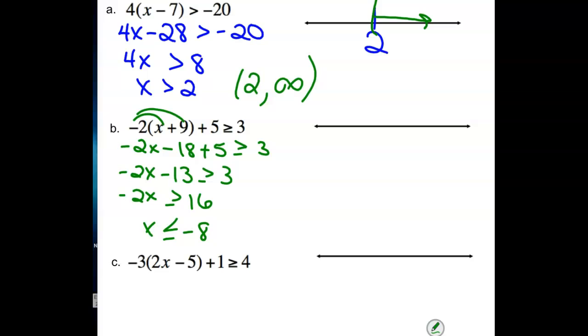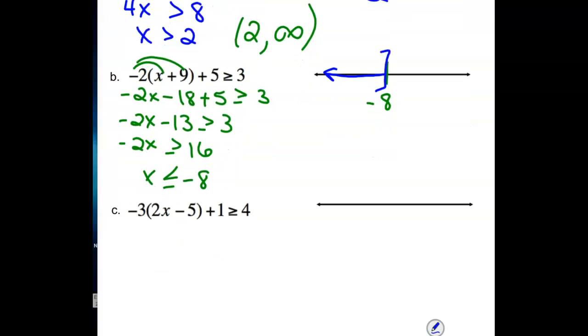All right, so we need a negative 8 on our number line. And we want to be less than or equal to it. So what kind of bracket? Square. And going to the left. Okay? All right, I'm going to pause the recording for a minute.